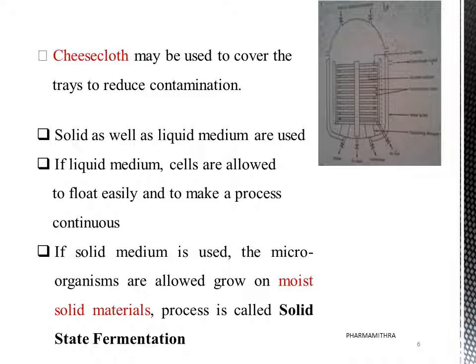Sometimes cheesecloths may be used to cover the trays to reduce contamination. Here we can use solid as well as liquid medium. With liquid medium, the cells are allowed to float easily and make the process continuous. If a solid medium is used, the microorganisms grow on a moist solid material, so that process can be called solid state fermentation or SSF.